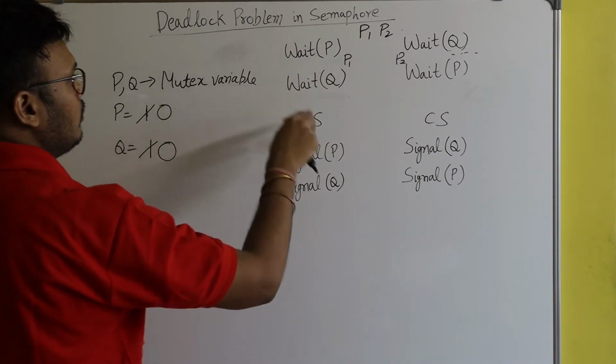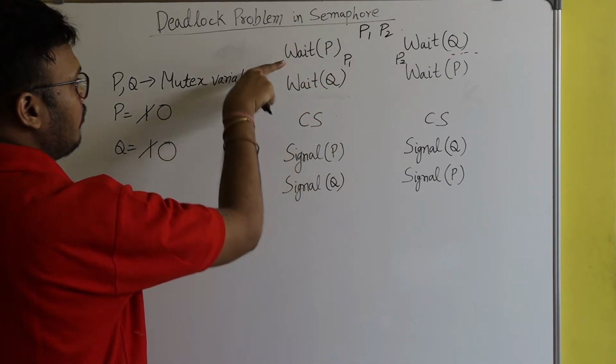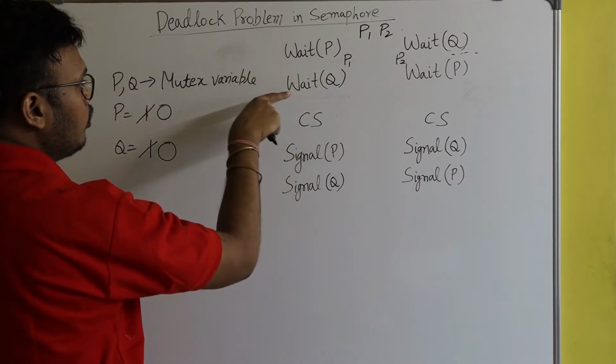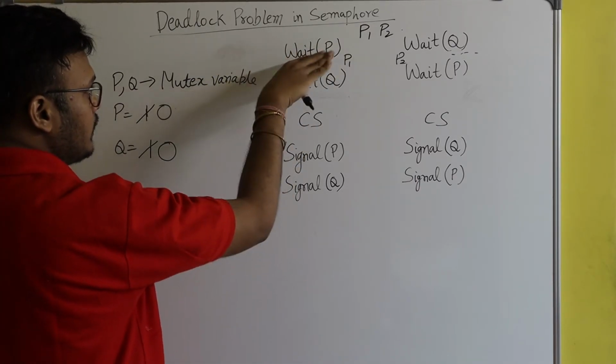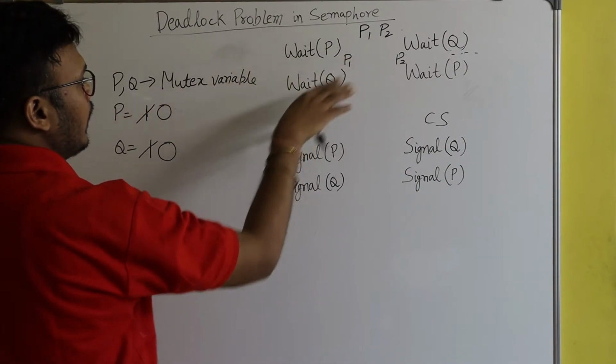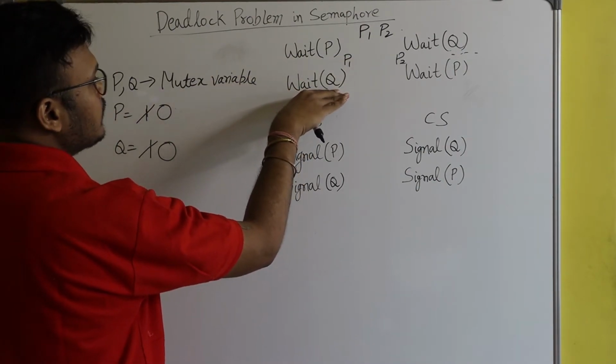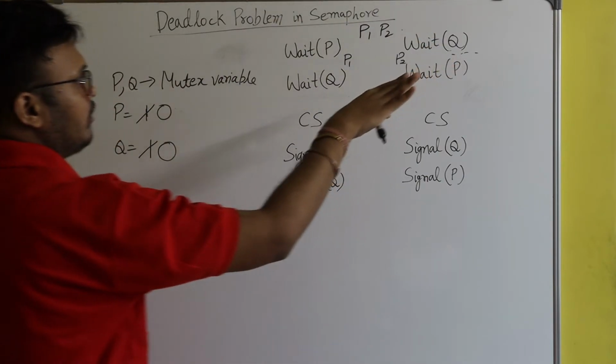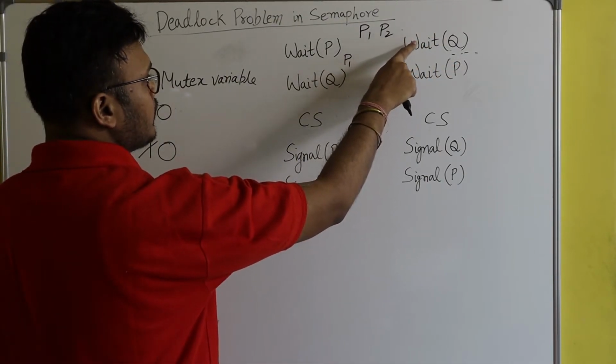Here you see, as I already told you, after executing this line, when P1 came here, and before P1 could execute this line, the context switching happened, and after that P2 executed this line.